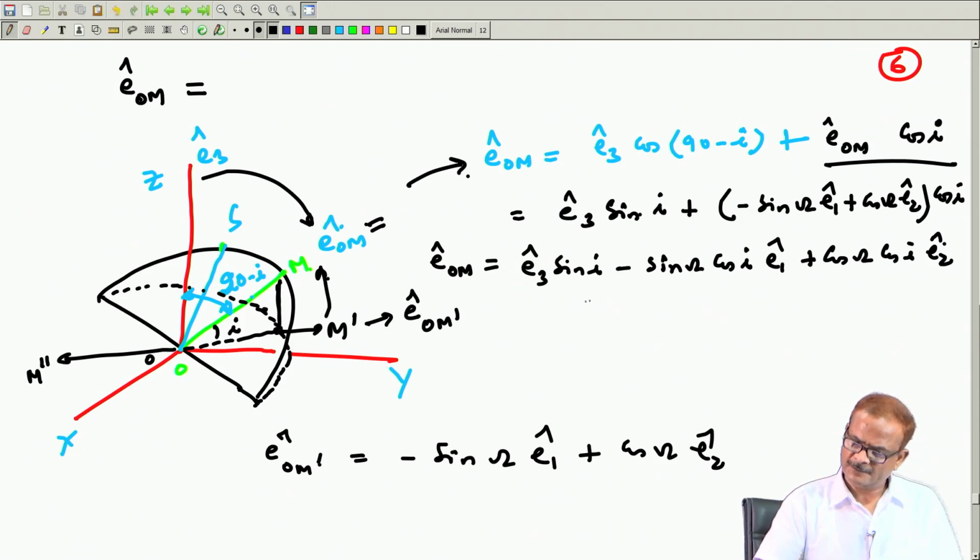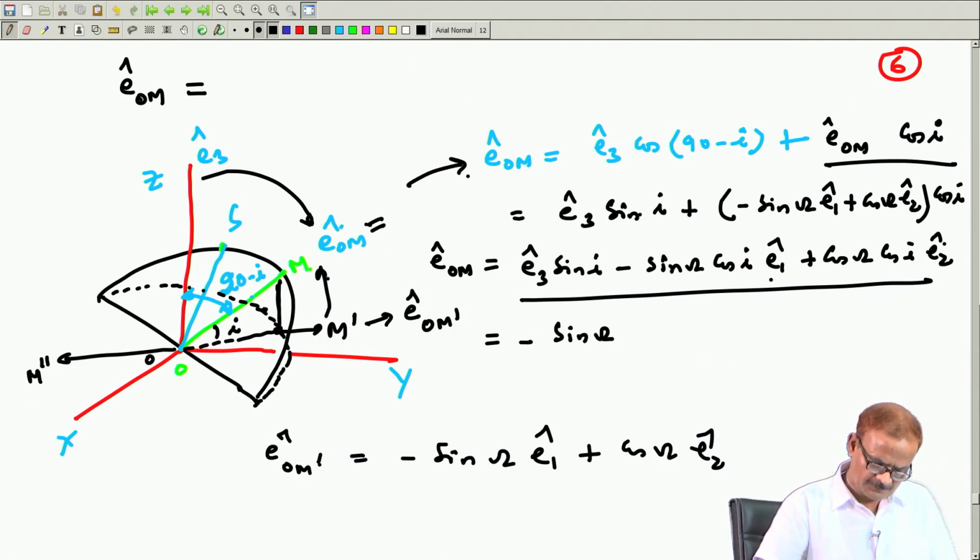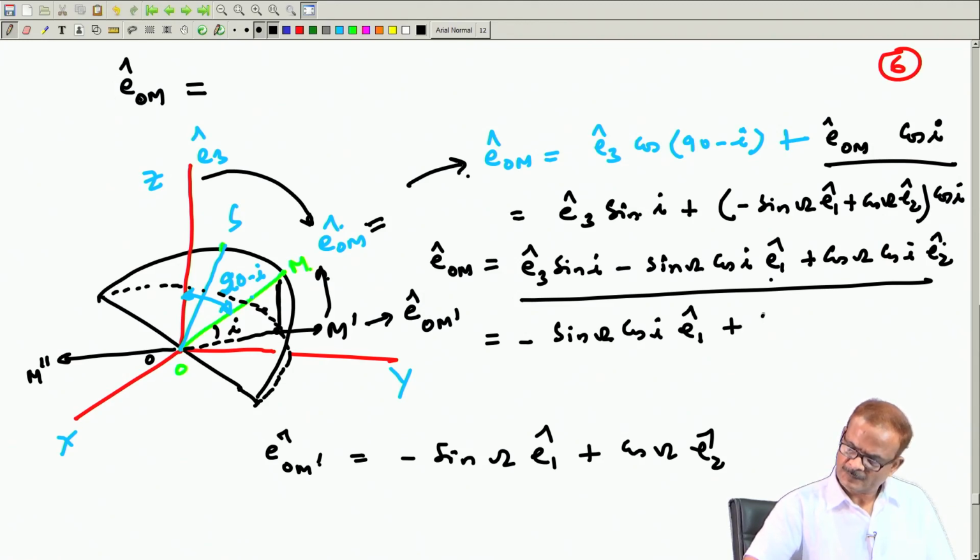Now once we know this vector, which is what I wrote earlier, I will rearrange it and write this one first: minus sin capital omega times cos I E1 cap plus cos capital omega cos I times E2 cap plus sin I times E3 cap.